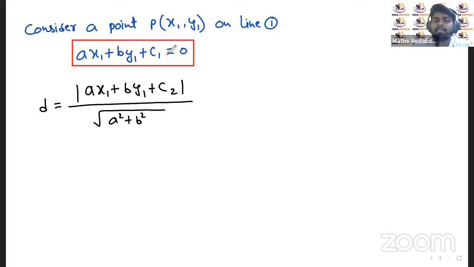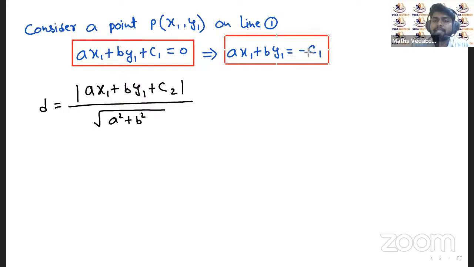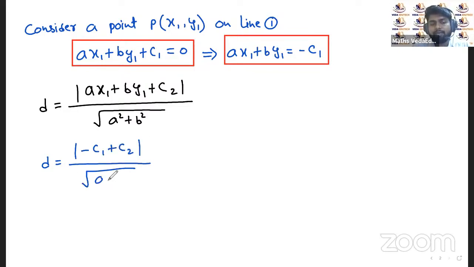But from this equation, we can find the value of ax1 plus by1. That is nothing but equal to minus c1. Now put the value of ax1 plus by1 here. So we'll get the d value, that is modulus of minus c1 plus c2, whole divided by square root of a square plus b square.